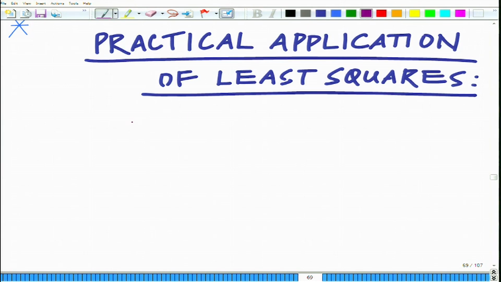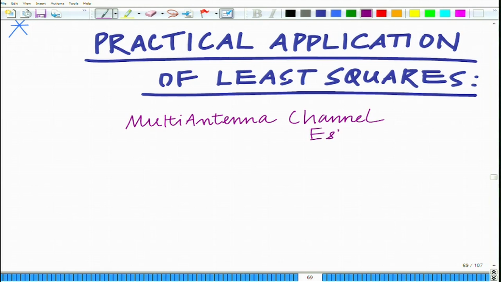Of course, one of the very interesting problems in a wireless communication system is that of channel estimation. In particular, let us look at the problem of multi antenna channel estimation.